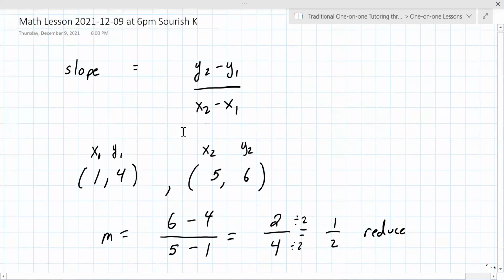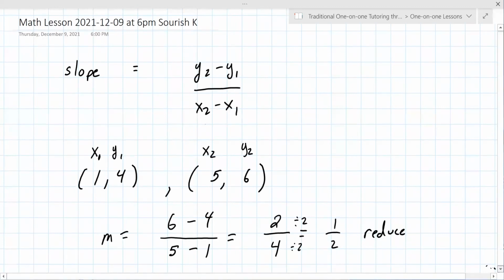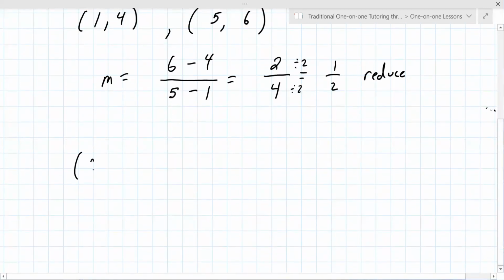All right, so let's have you try one. Do you have the slope formula written down? Yeah, I have that. Excellent. I want you to find the slope between the points (3, 7) and (8, 9).